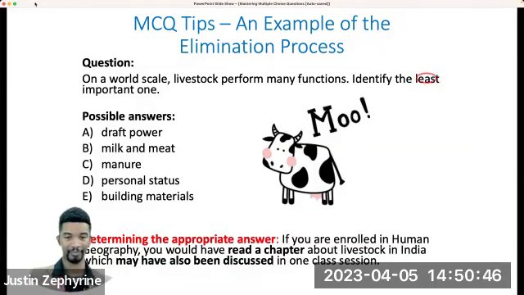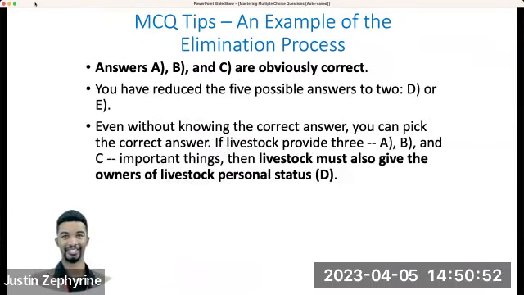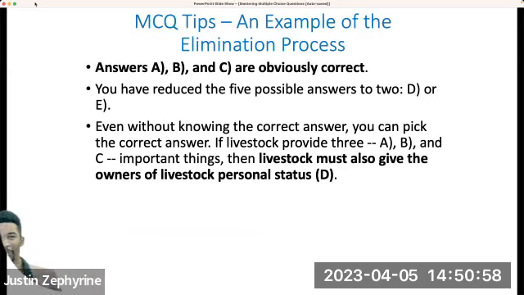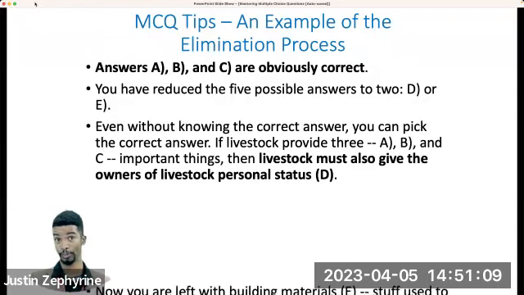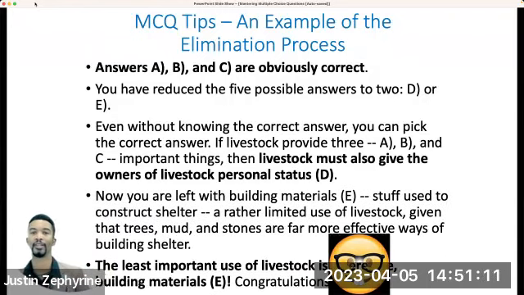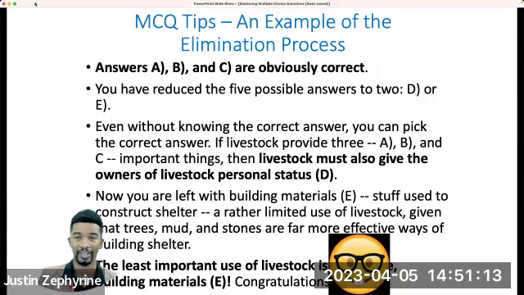It's E. Everyone agrees? Because, come on, the more livestock I have, of course I will have a high personal status. It will show I have some sort of wealth. Very true, very true. And of course, this is in the context of India and so on. So this is true. So now you're left with E, right?